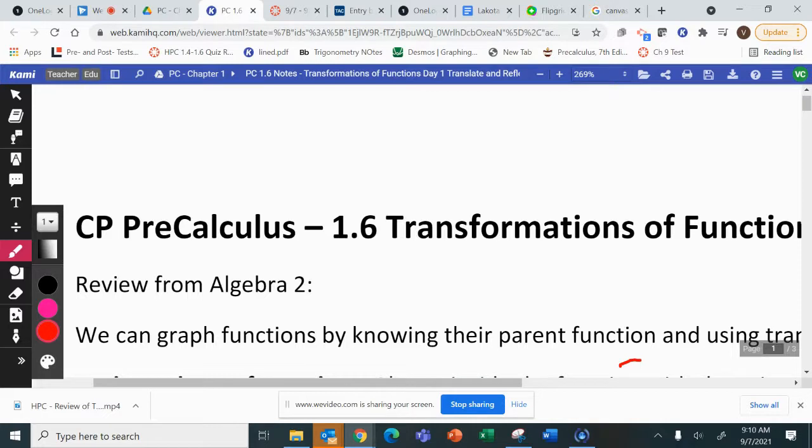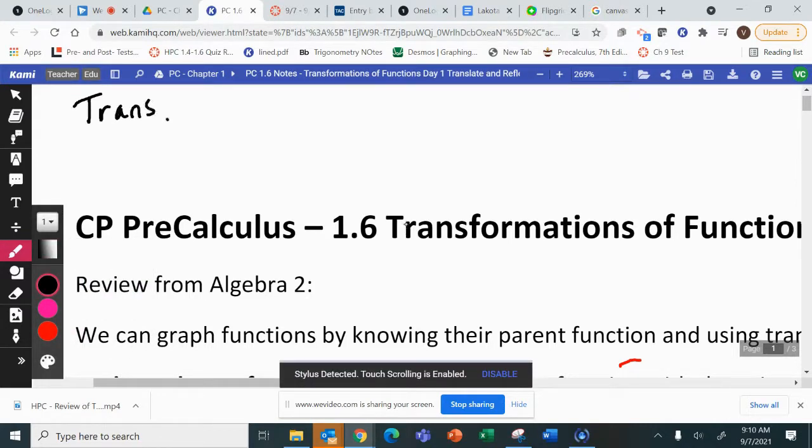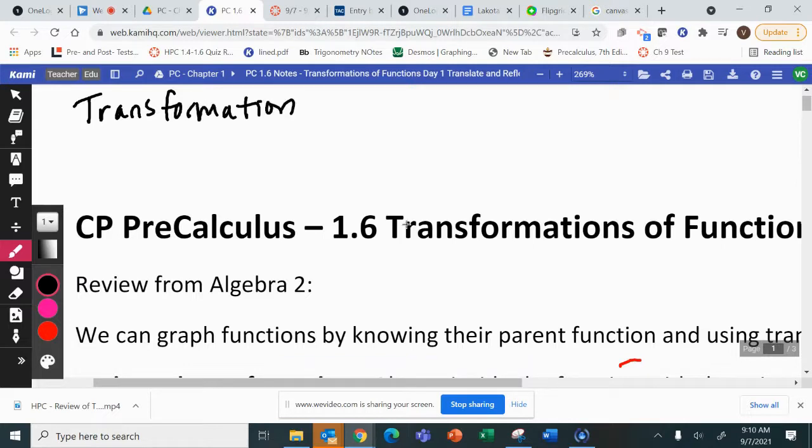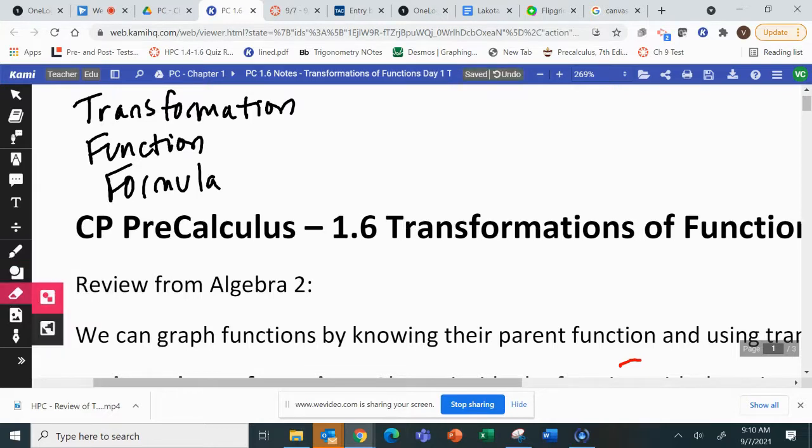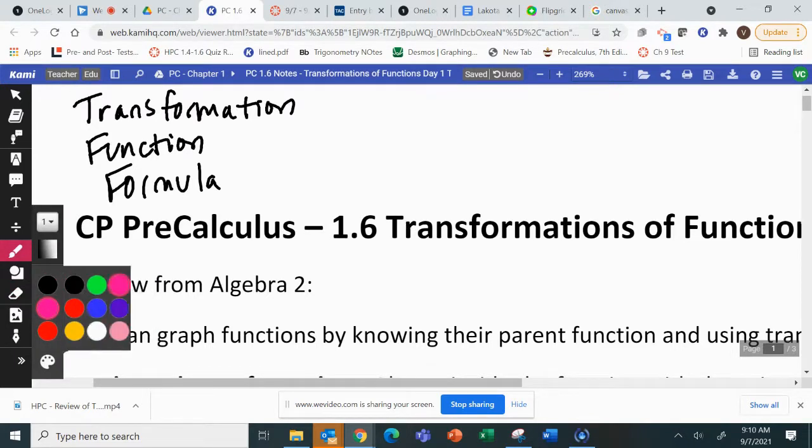So first of all, we have a transformation function formula. I'll write that down at the very top. So we have a formula, and this formula is going to look like, let's see, I'm going to try to color some stuff in here too.